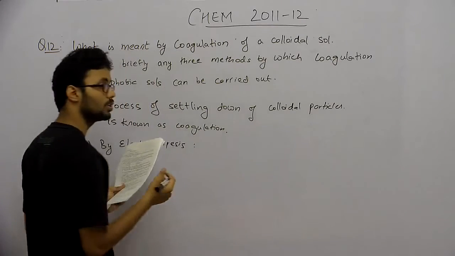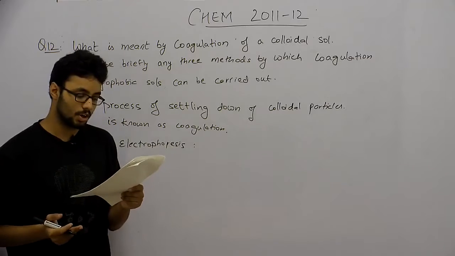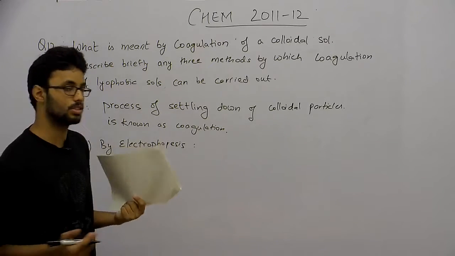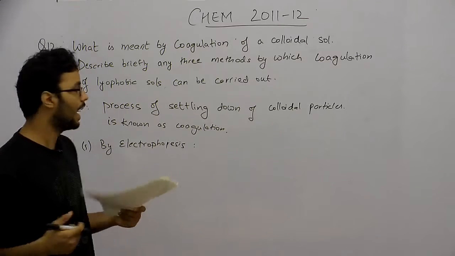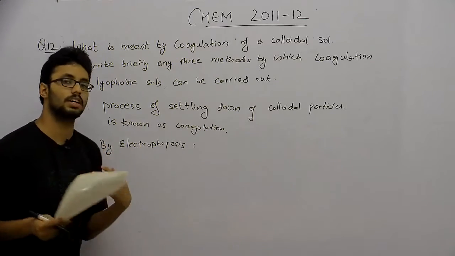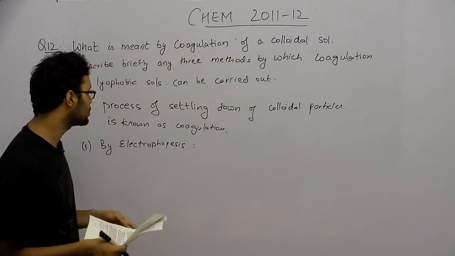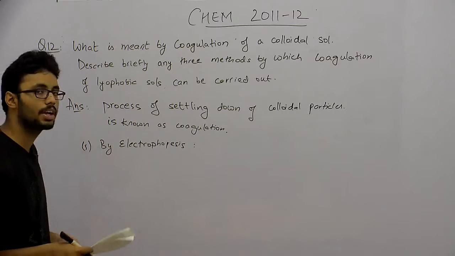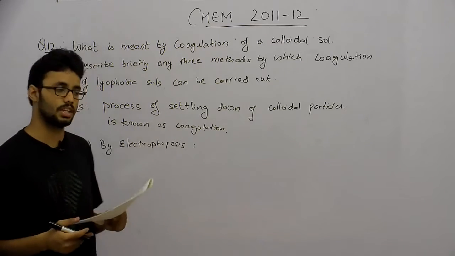In electrophoresis, the colloidal particles move towards oppositely charged electrodes. So we put two electrodes in the sol, and when we make a potential difference across the two electrodes, the colloidal particles separate out and go towards the oppositely charged electrode.